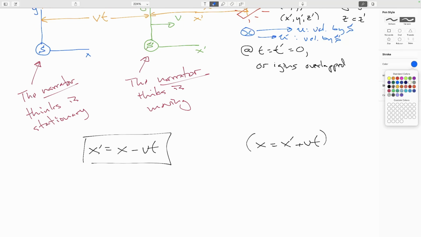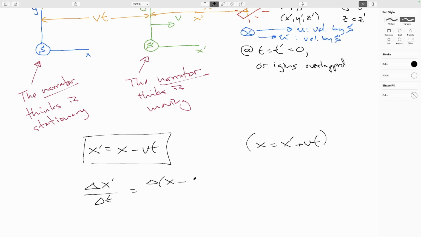So what I can do here is say the time rate of change of x prime would be the time rate of change of this quantity x minus vt with respect to time. To think about that, we'll have to look at this at 2 times.